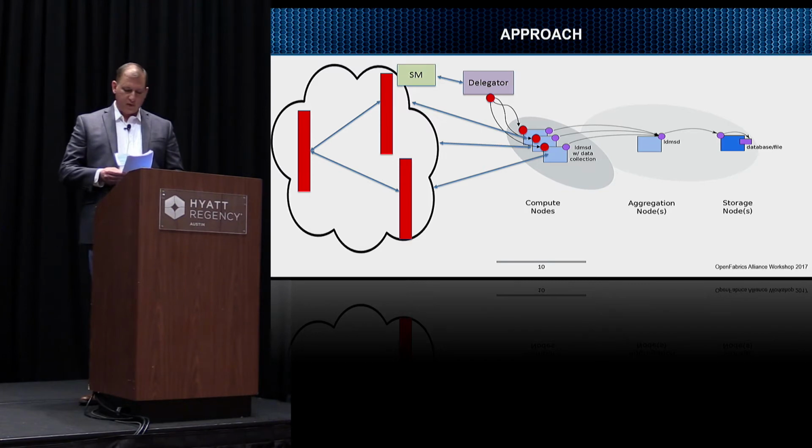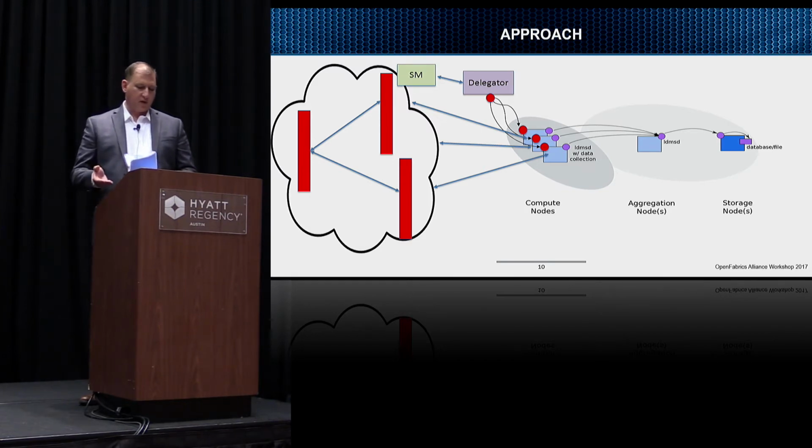The brains behind our new IBE Fabric sampler plugin is actually the Delegator. The Delegator discovers the topology and then allows the user to input information on maybe the hardware of the fabric.